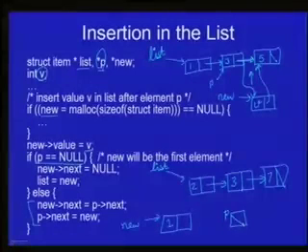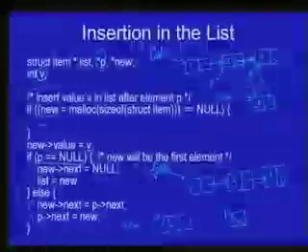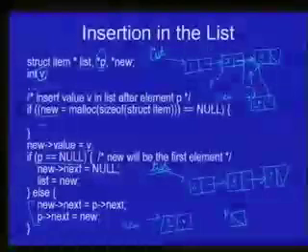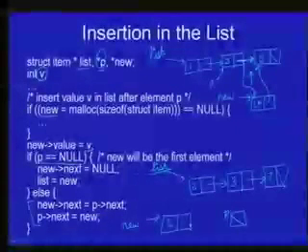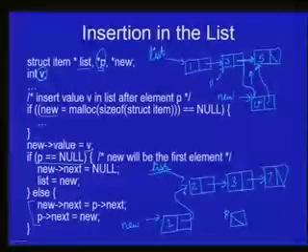So in this case what's going to happen is that the value of the variable list itself needs to change, because list, remember, by convention will always point to the first element, and the new element will become the first element, and the next field of the new element must point to what will become the second element, and therefore what is currently the first element of the list.